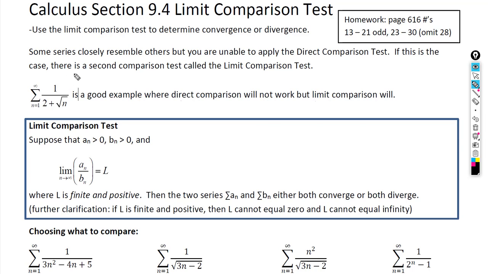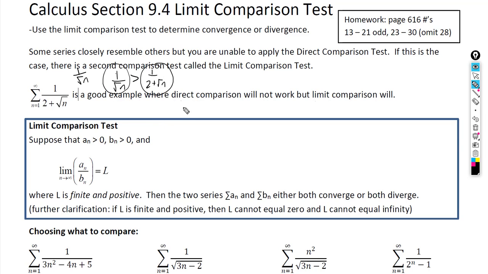A direct comparison would be 1 over the square root of n, from 1 to infinity. And 1 over the square root of n is actually going to be greater than 1 over 2 plus the square root of n, just because of the values that n could be, from 1 to infinity. And we know this is probably going to converge, and then therefore this is going to converge as well.